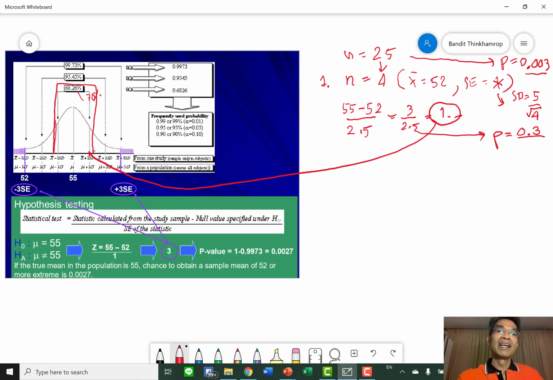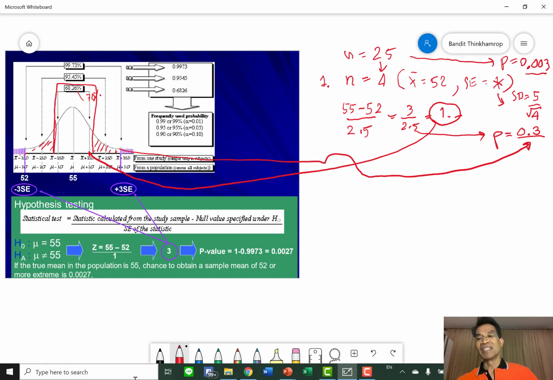So the remaining area corresponds to 1 minus 0.7, so it's 0.3. Then the conclusion changes from significance to non-significance, you see.